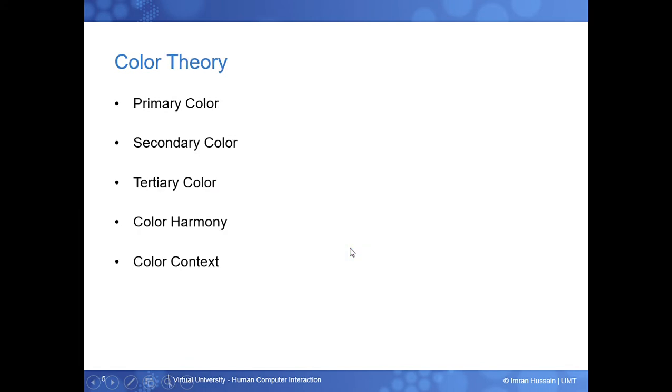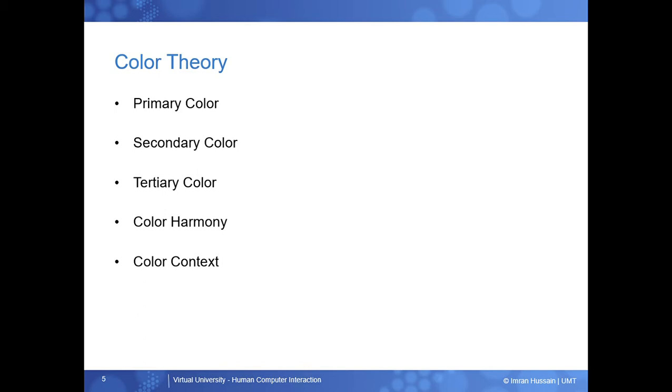Okay, so for our color theory, I'm really hoping and praying that you guys already know this, kahit pahapyaw man lang sana. So we have the primary colors, the secondary colors, the tertiary colors, color harmony, and color context.